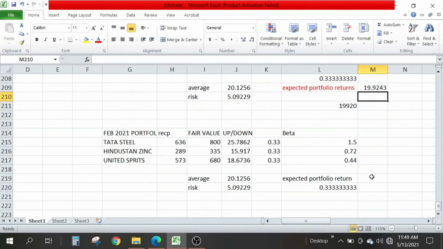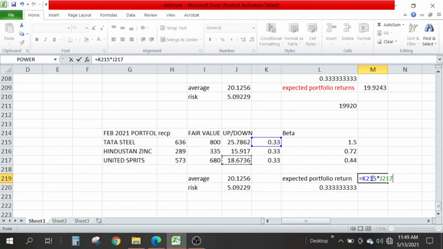So let's do that over here also. Is equal to 0.33 multiplied by 25 plus 0.33 multiplied by 15.97 plus 0.33 multiplied by 10.67.